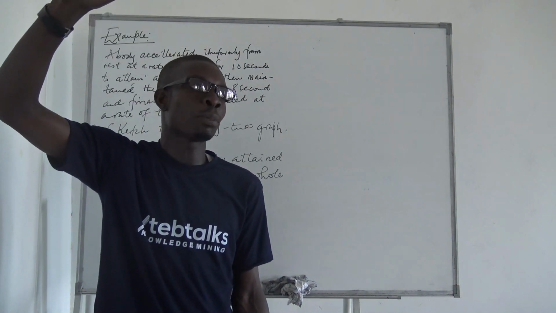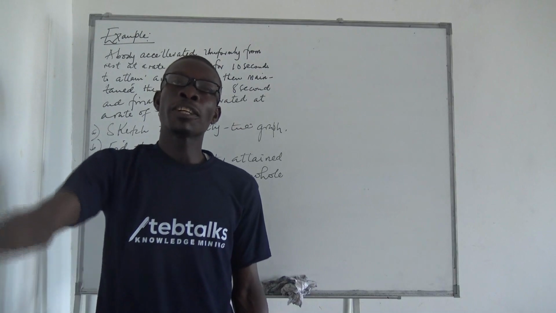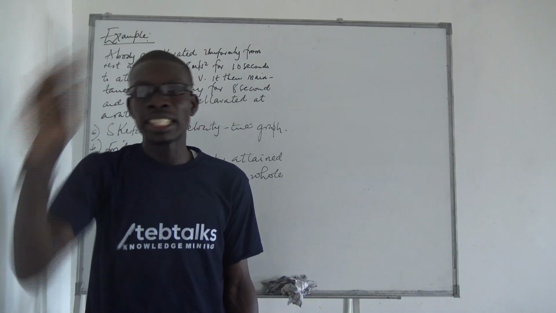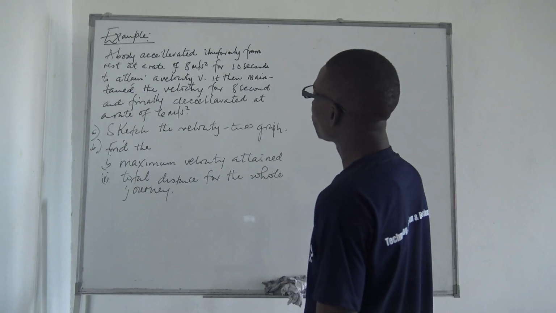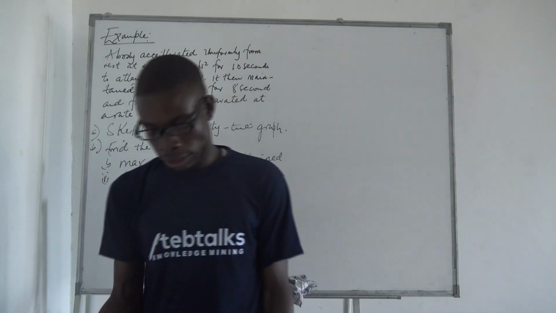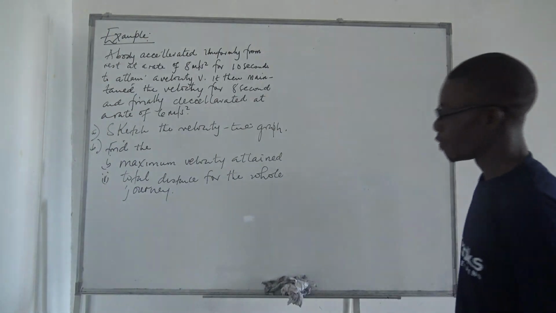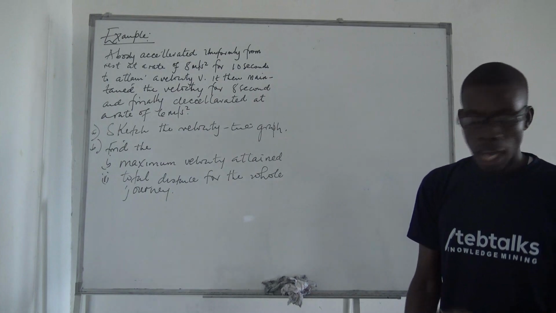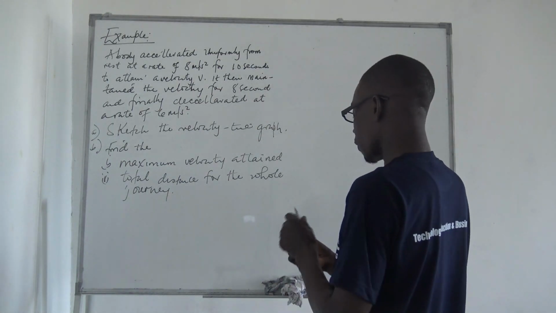And then after attaining some speed, it maintained the speed for 8 seconds, and then finally decelerated. Now, the question is, can you sketch the velocity time graph? How do we sketch the velocity time graph?